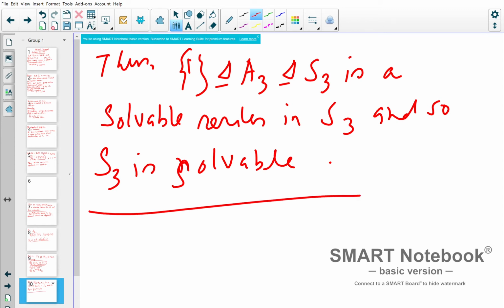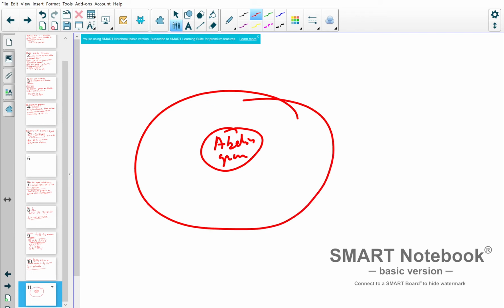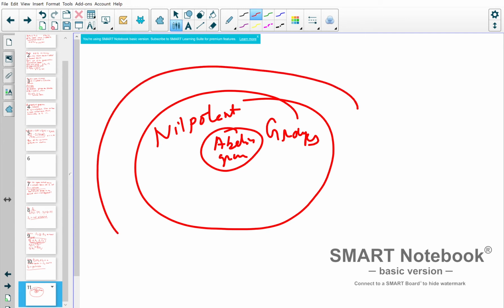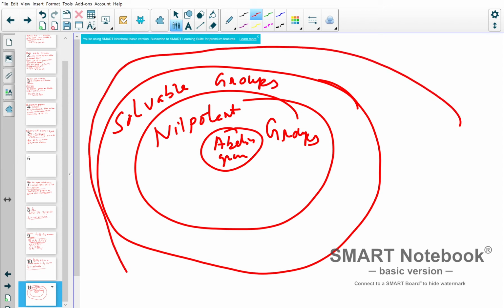So what we showed is that the solvable class is bigger than the nilpotent class. Every nilpotent group is solvable, but there are solvable groups like S3 which are not nilpotent. Eventually you have a class of abelian groups, sitting inside the bigger class of nilpotent groups, which sit inside the much bigger class of solvable groups, and all of these sit inside the class of all groups. Inside abelian groups you also have cyclic groups.